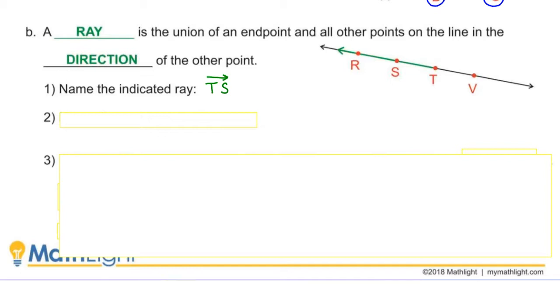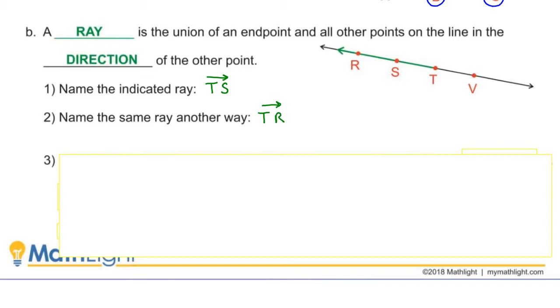So here's an important question. Number two, can you name the same ray another way? Why don't you pause and think about it, write an answer, and then unpause. Okay, are you back? So there's only one other way. The only other way to name this same ray is again to have the endpoint first. It's point T, but you could have R, because isn't the R direction the same direction as the S direction?